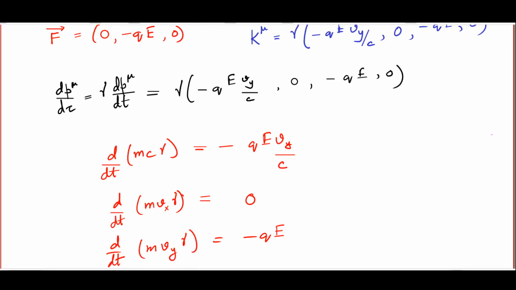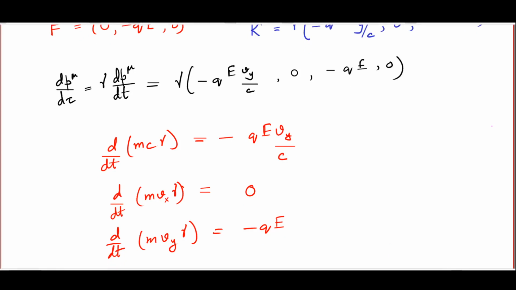Note that I have gone back to the components of p^μ because they actually give us easier equations to handle in this case. In principle, I could have just used the equations that we had derived a while ago relating acceleration to force and gone from there, but this is actually easier to calculate with. Now, one of the first things you should note is that these 3 equations are not really independent equations.